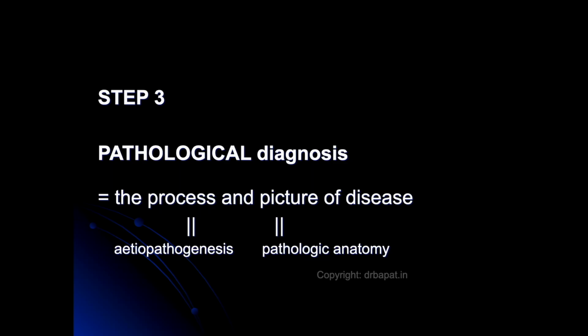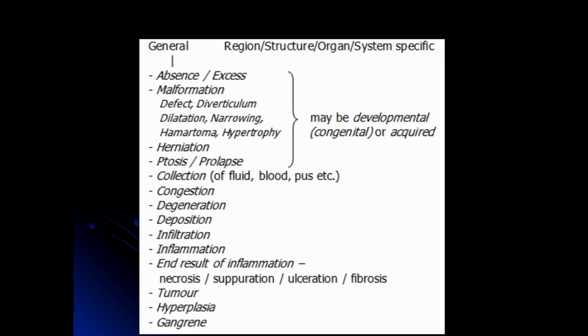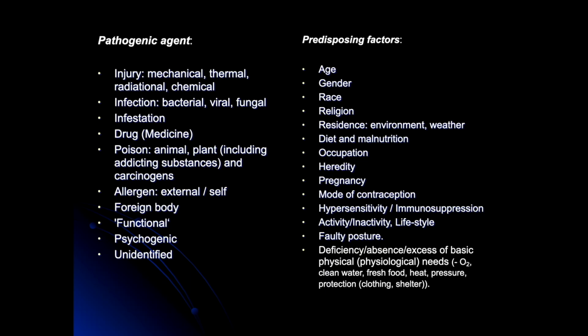Step 3. Determine the pathological aspect of the diagnosis. For that, firstly, find the best match of the pathology for the symptoms and signs which are fundamental, prominent, primary, and easily verifiable. And secondly, determine the cause in terms of the pathogenic agent and predisposing factor.